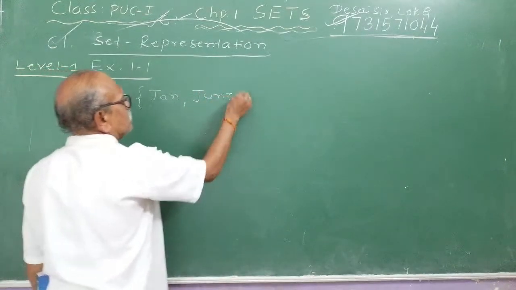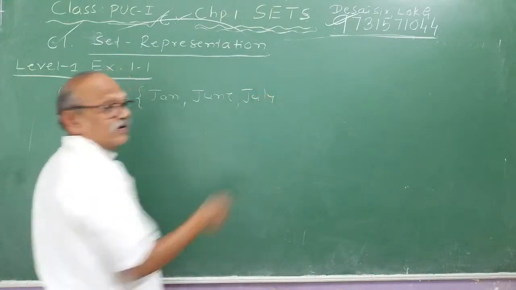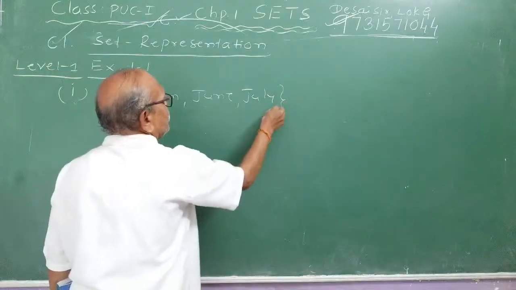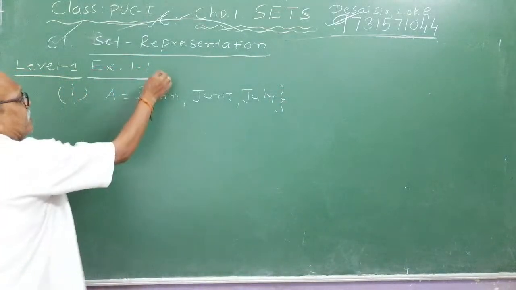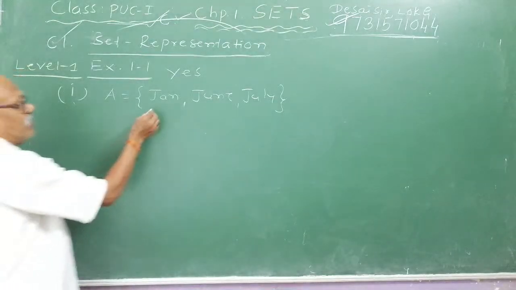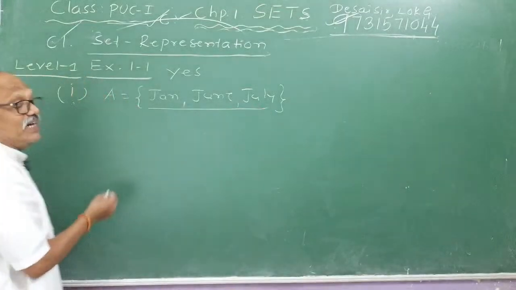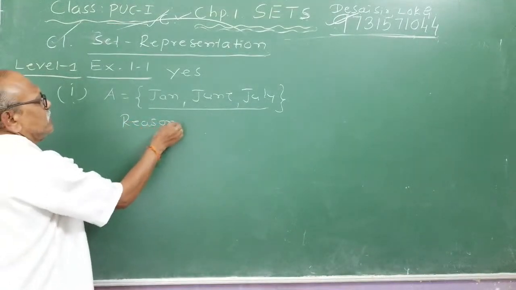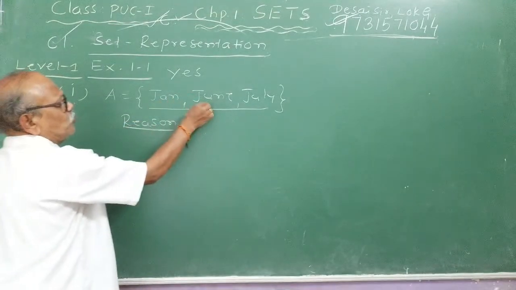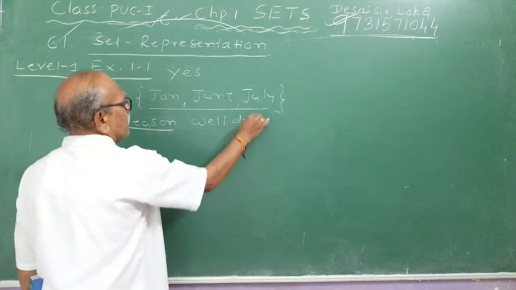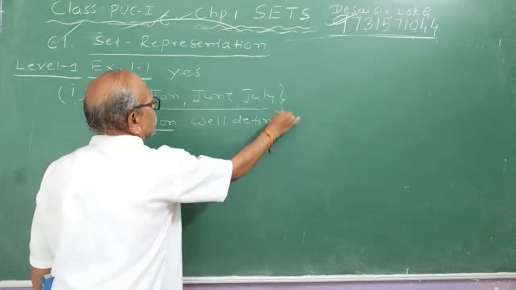July comes. July, August, September, October, November, December will not come here. Therefore, is it a set? Yes, it is a set. Justify your answer. Why? Because they are well defined. The reason is only one: because January, June, July are well defined months of the year. Therefore, it is a set.